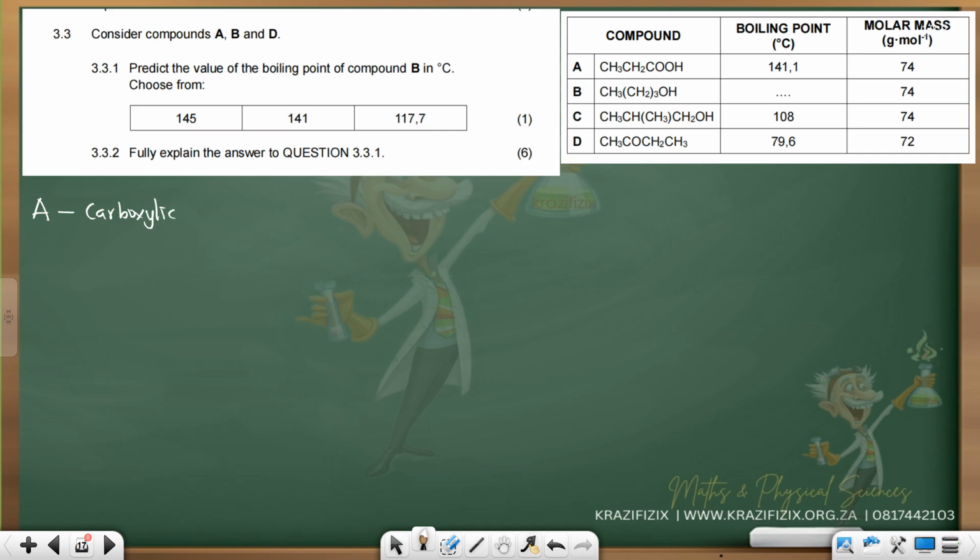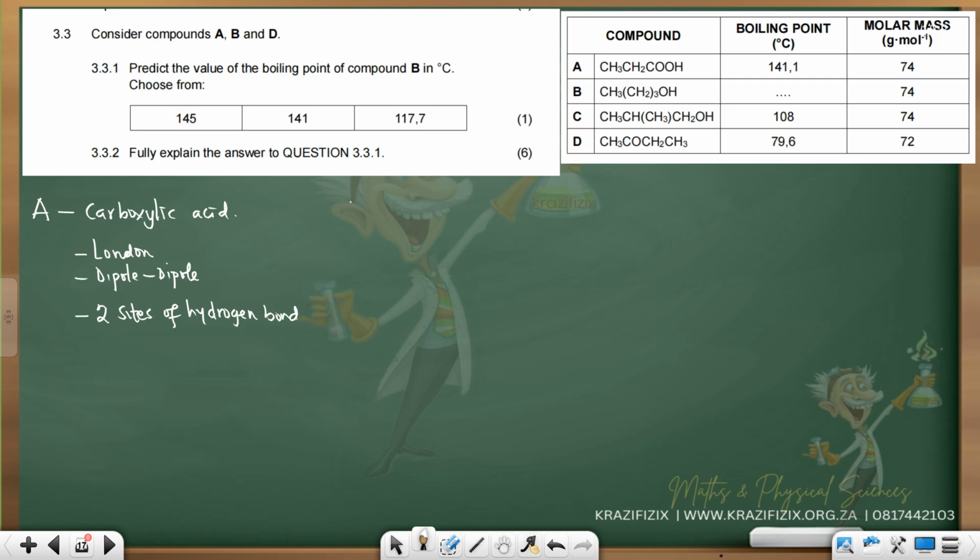What can you tell me about the carboxylic acid? It has all the forces, right? It has London, dipole-dipole, and 2 sides of hydrogen bond. That is actually what's responsible for its higher boiling point.